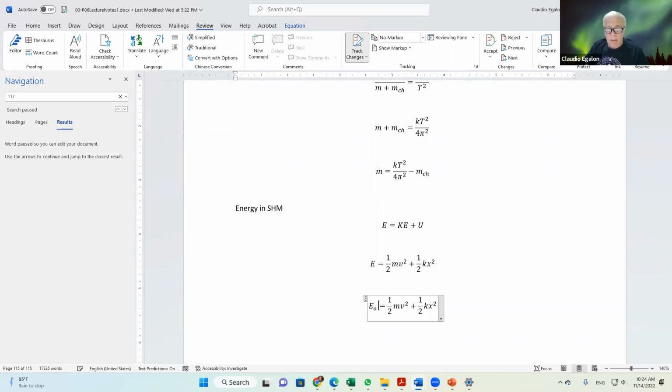Okay, E naught equal to the final mechanical energy. So initial velocity plus initial position, right? Initial kinetic energy plus initial potential energy must be equal to final kinetic energy plus final potential energy.